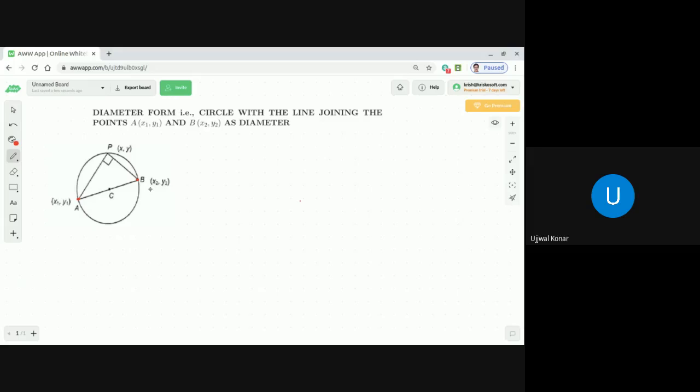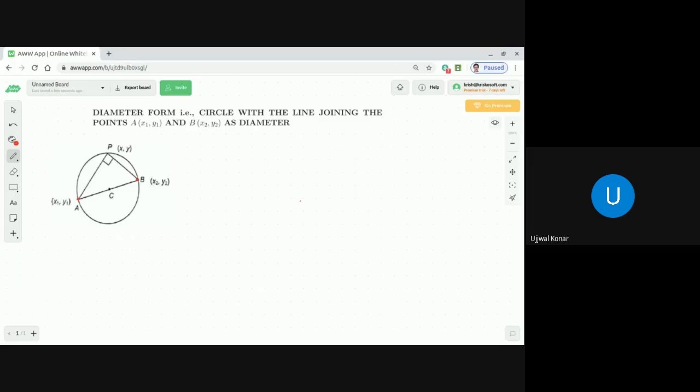Now, what is our task? Our task is to find the equation of the circle in which x1, y1 and x2, y2 are the two ends of the diameter, means coordinates of the two ends of the diameter.